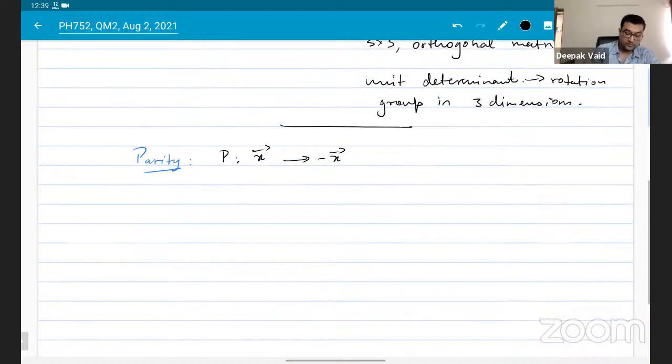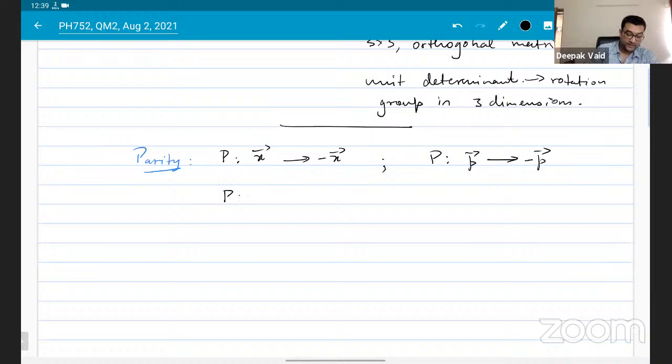Now this is parity in position space. You can also have parity, let's say, in momentum space, right? So parity in momentum space would give you p goes to minus p.